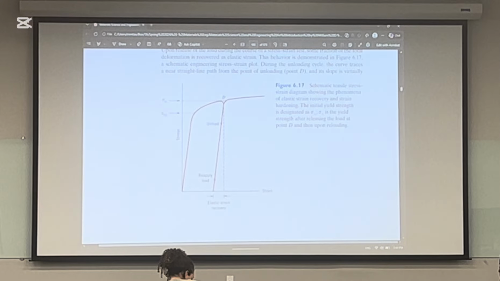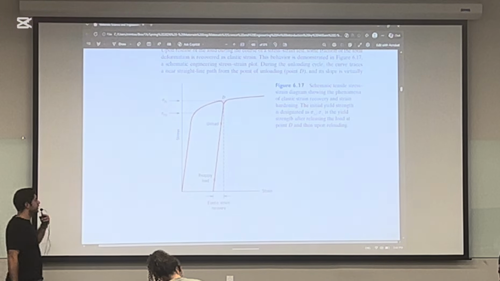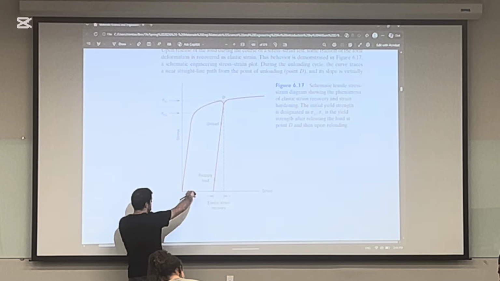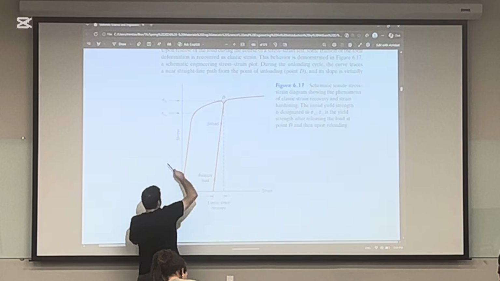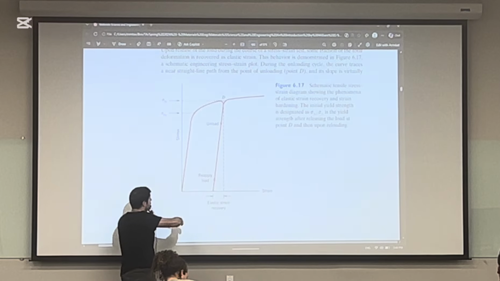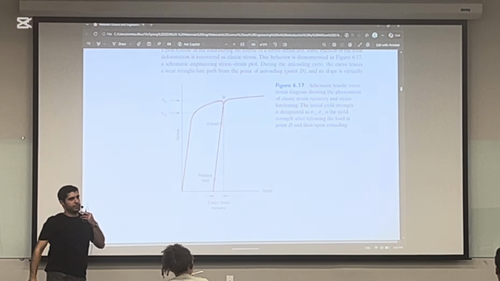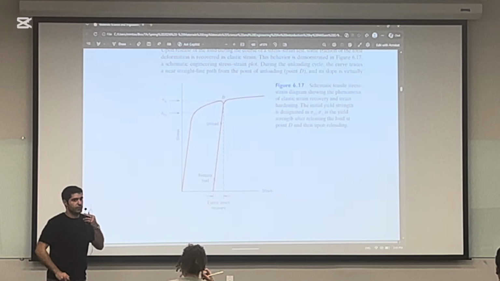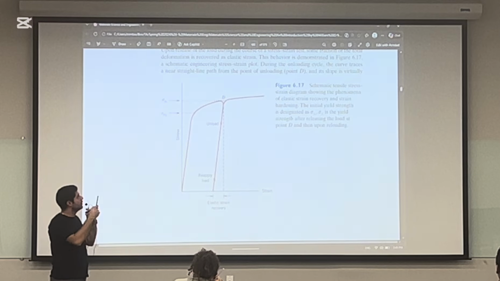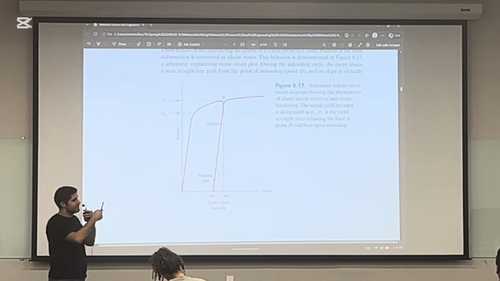For example, here in this curve, here is the elastic part, but your stress is larger than the yield strength, which means you go through the plastic part.